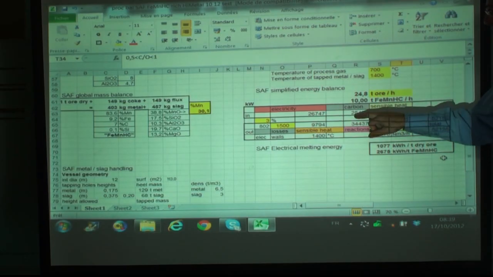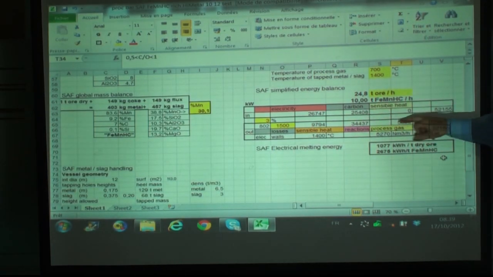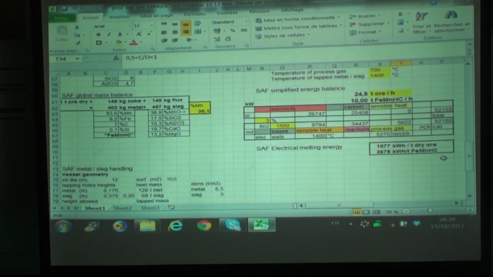So, the total carbon energy input is 25,400. The carbon energy lost is the part of the carbon energy which is not used. It is going out in the form of sensible heat of gas and of calorific value of CO. So the difference of these two is the carbon energy used efficiently.